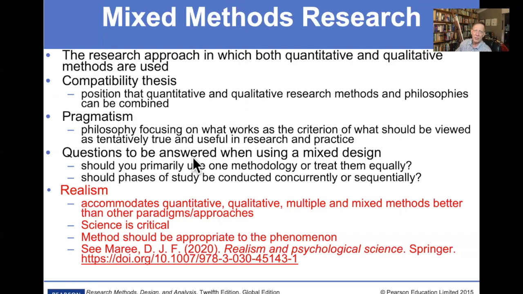epistemology. Questions to be answered when using a mixed method design: should you primarily use one method or treat them equally? Should phases of study be conducted concurrently or sequentially? This is very important. These two sentences tell you how to design a mixed methods study.